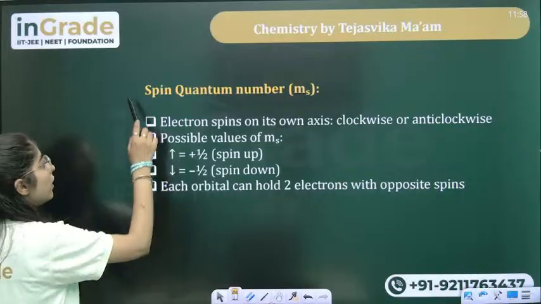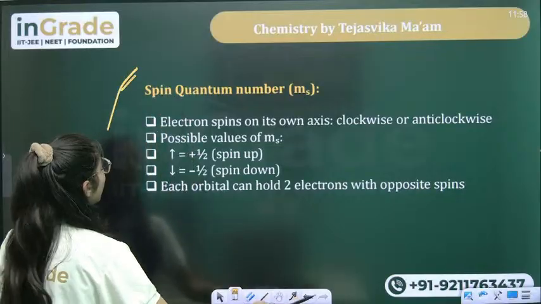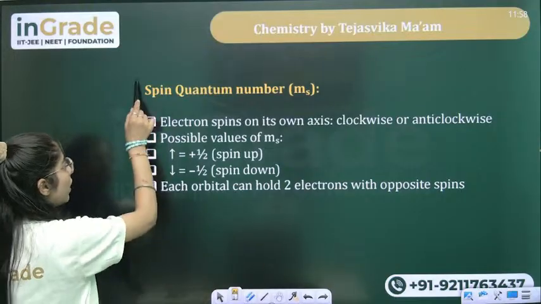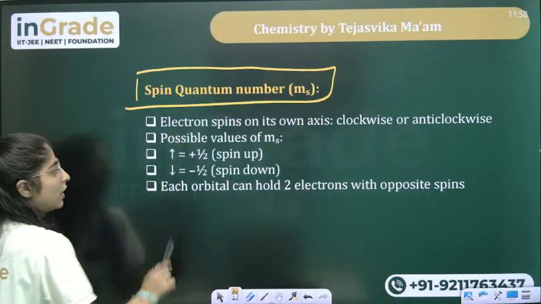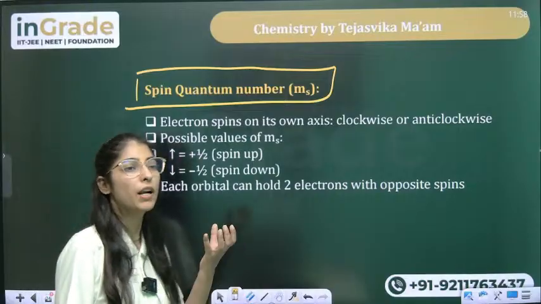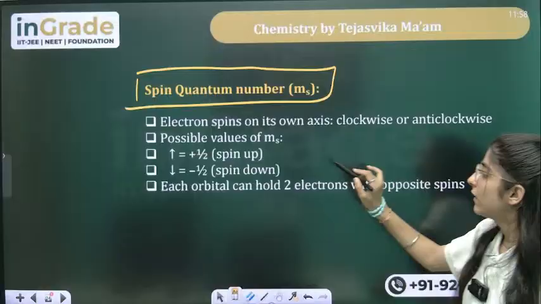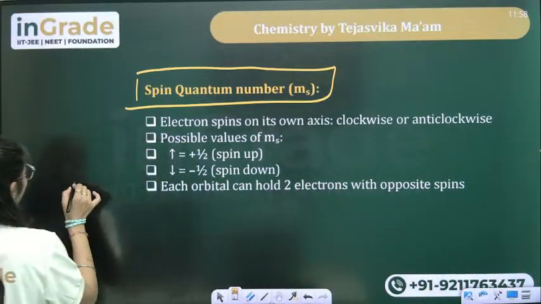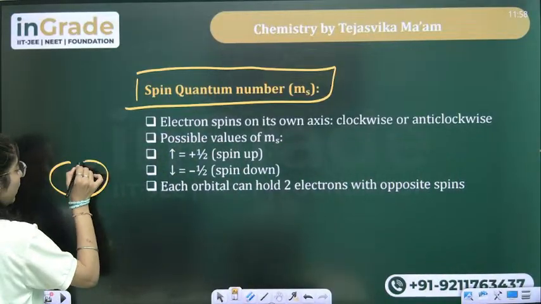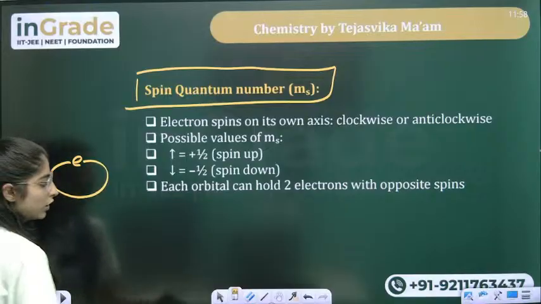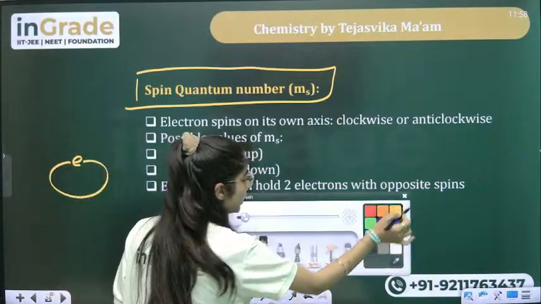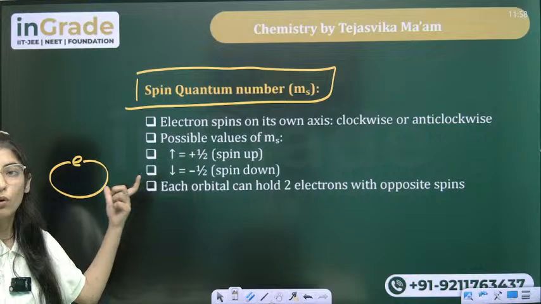Now let's move further and see the spin quantum number. In spin quantum number, students, it simply represents the spin of a particular electron. Let's say this is your electron. This electron is revolving around its own axis.